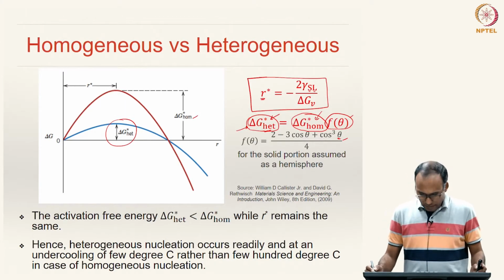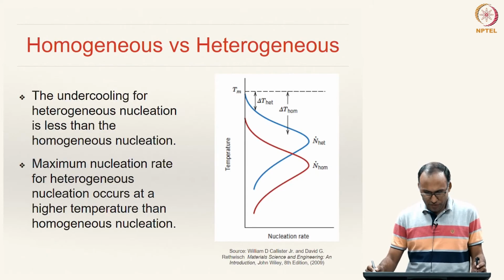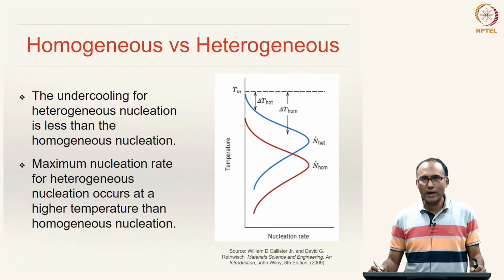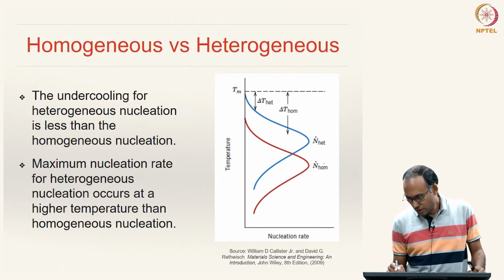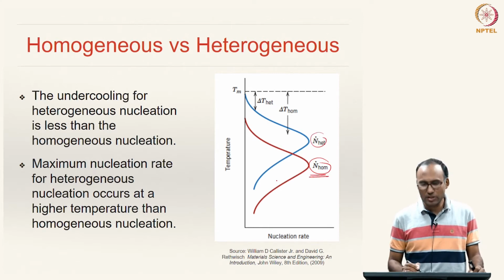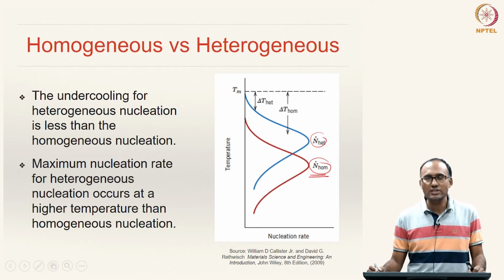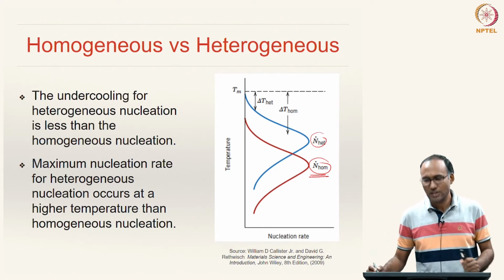All right. And if you see the degree of undercooling required for heterogeneous nucleation and homogeneous nucleation, this graph clearly shows that the n dot curve for homogeneous nucleation is lower than for heterogeneous nucleation. So, this is the red curve we have looked at before. For heterogeneous nucleation, it turns out that the degree of undercooling required is only a few degrees Celsius, not a few hundred degrees Celsius like homogeneous nucleation.